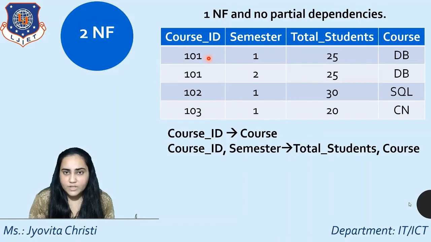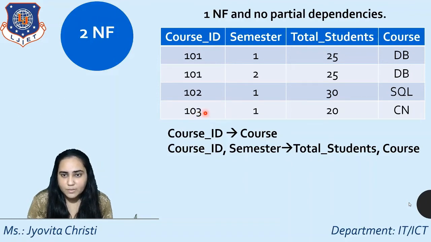Then 102: if I ask you what the course is, you'll tell me it is SQL, because 102 is coming only once, with SQL. And if I ask what 103 is, you'll tell me it is CN.